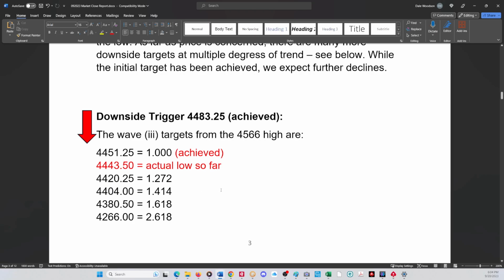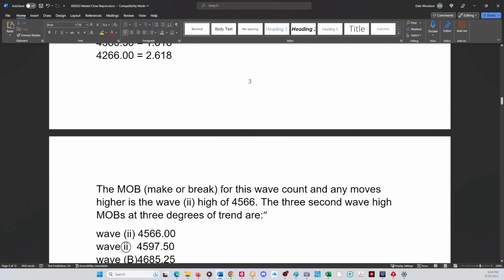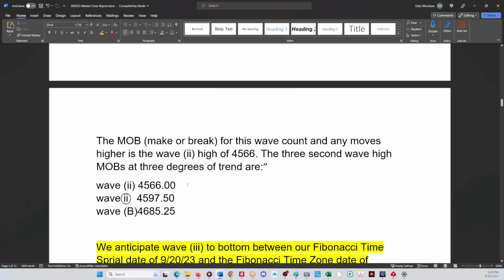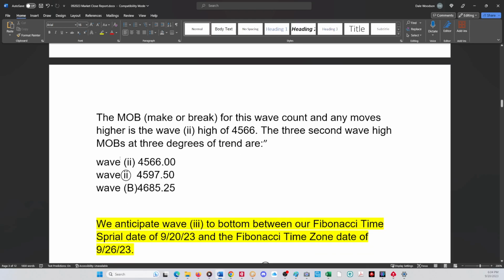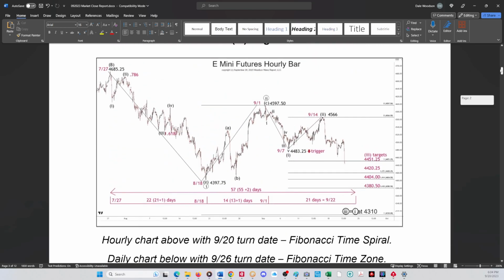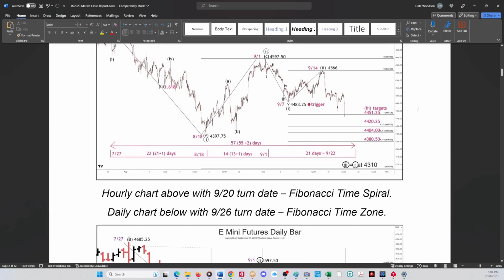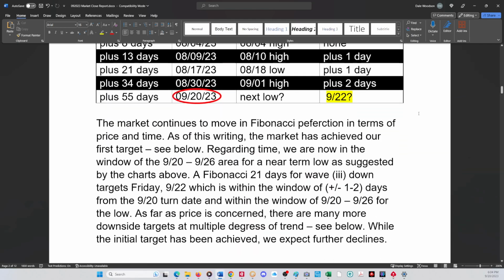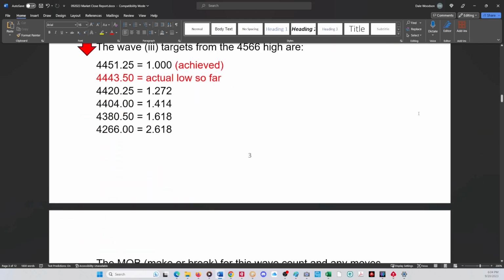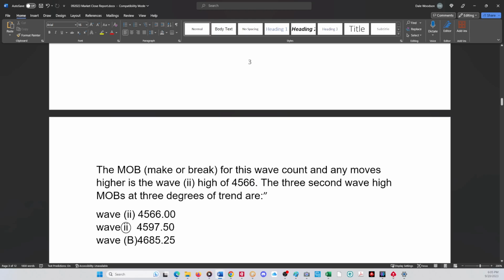Okay, and we've got 3 degrees of trend, so we have make-or-breaks at the second wave highs. You can see the second wave high at the smallest degree of trend is 45.66. I think you'll see that up here, right there, 45.66. That's at wave 2. The next degree of trend is the higher degree second wave, which is 45.97.